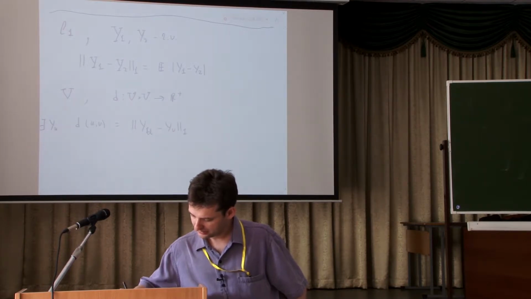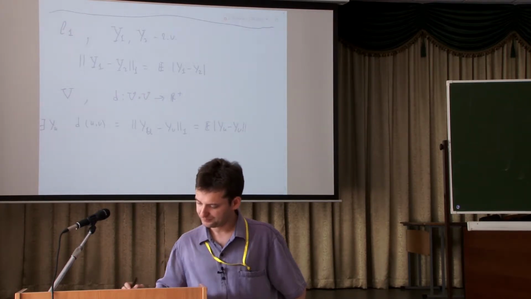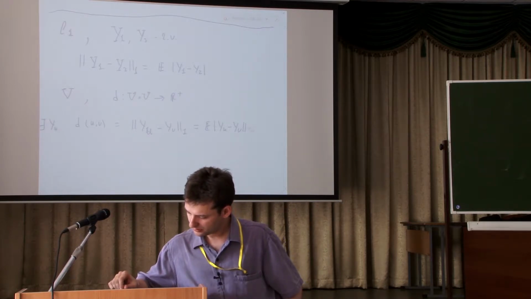In other words, it's the expectation of yu minus yv. We're just looking at the random variables.